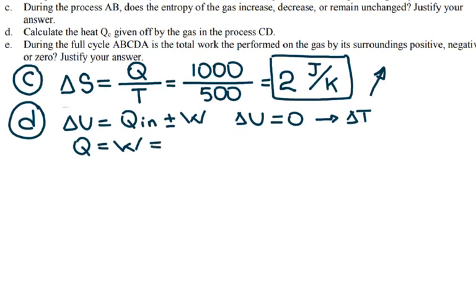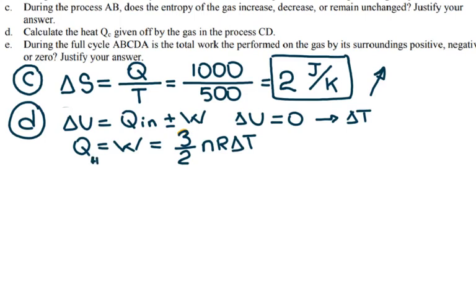And the work is equal to three halves nR delta T. So this would be for the hot reservoir.